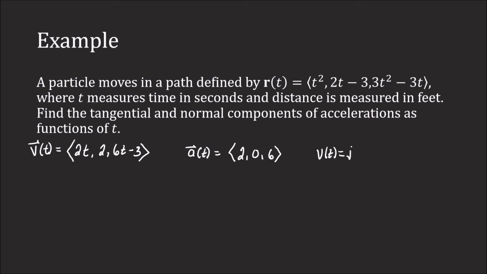So it's the square root of 4t squared plus 4 plus 36t squared minus 36t plus 9. And that simplifies to 40t squared minus 36t plus 13.